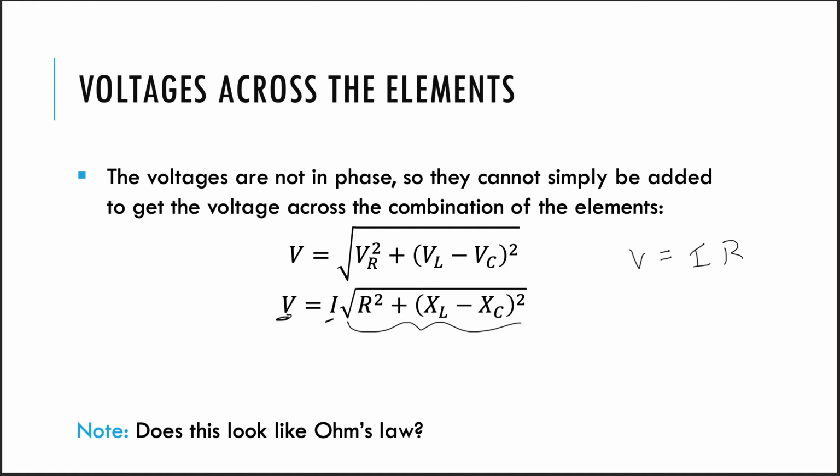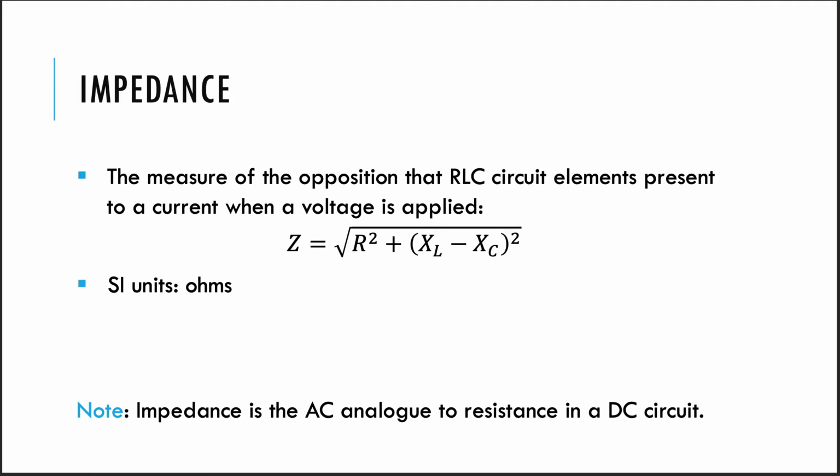We give this a name, and we're going to call it impedance. This square root measures the opposition that the elements present to the current when the voltage is applied. Any opposition to current is like a resistance. So you can think of impedance as the AC analog to resistance in a DC circuit.